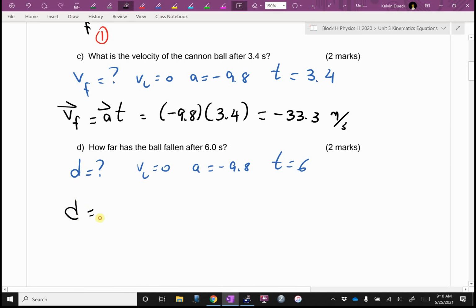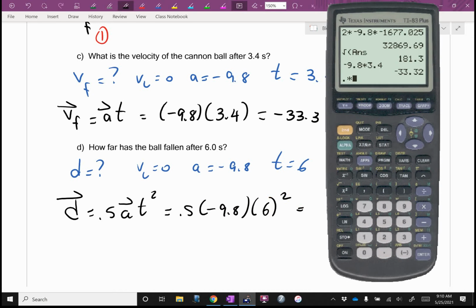So D equals 0.5 AT squared. Again, this is going to give me a displacement: 0.5 times negative 9.8 times 6, don't forget the squared. Do you get negative 176.4, negative 176 meters?